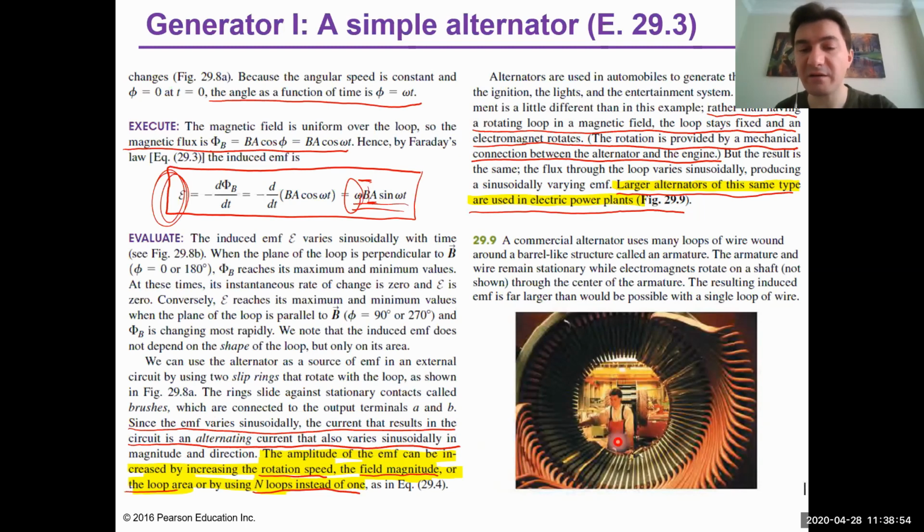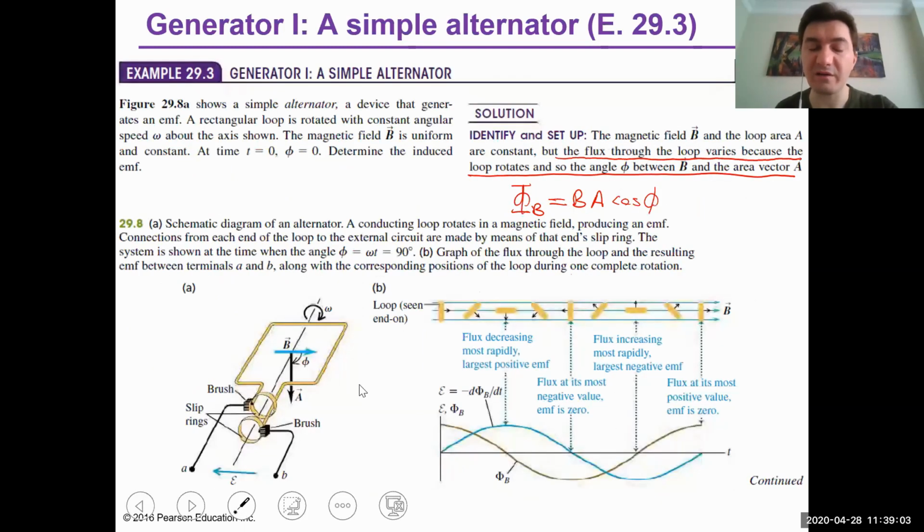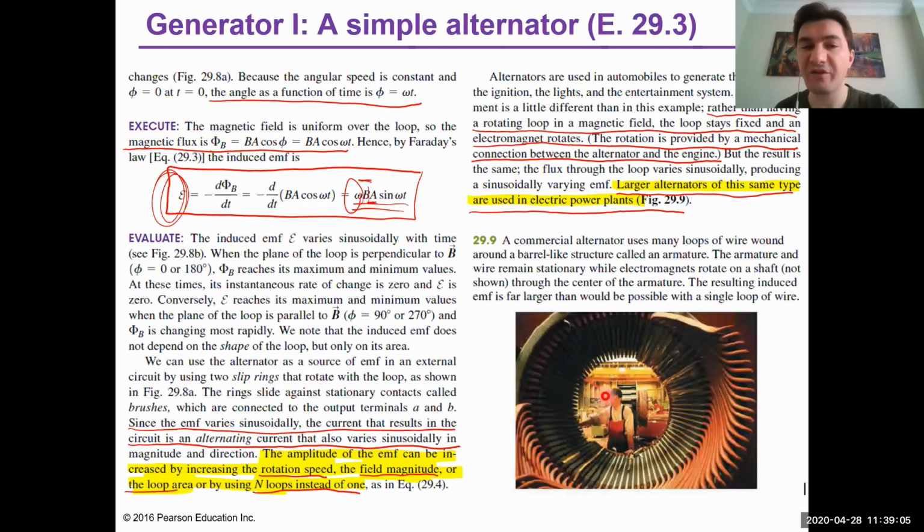Here in the center, which is not shown here, there is a huge electromagnet, and then it is rotated, and then phi angle changes by time. Then we have changing magnetic flux. This induces EMF in the loops. Since we have many loops here, you can produce huge EMF and huge currents.